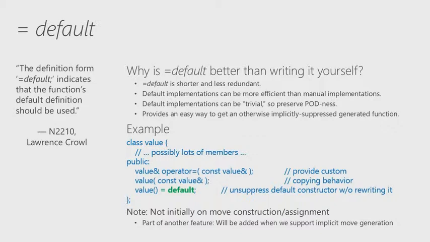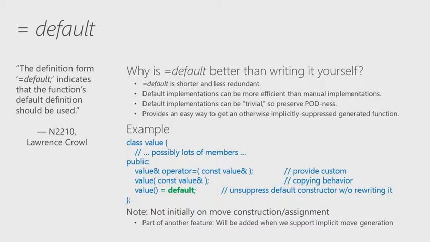Instead of having to write it yourself by hand, you can now say equals default. And this is more than just a convenience feature. It is convenient, it's shorter and less redundant. But there are actually performance implications and semantic implications of doing this. First, the equals default implementation provided by your compiler might be faster in some cases than what you could write by hand. That's an important, attractive feature.